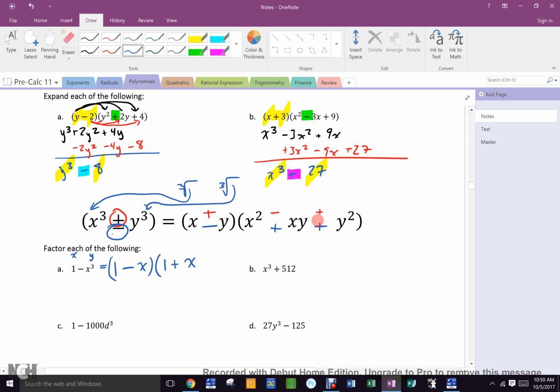And then it's the second term squared. Second term here is x, so I square it. Is everybody cool? Everyone's good? Because these easy ones just follow the pattern. Is everyone good? All right, let's look at this one. Can I do this one?